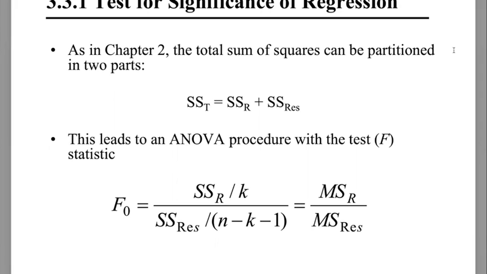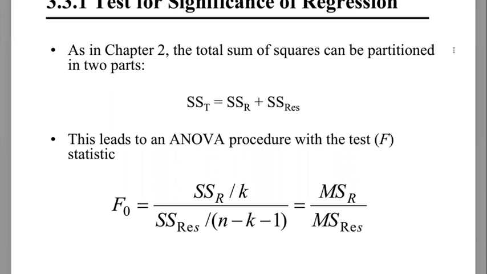And you'll also recall that we use that partitioning to compute mean squares associated with the regression and mean squares associated with the error term or the residual. And we use that in performing an ANOVA type test, an F test, to test the significance of that model.